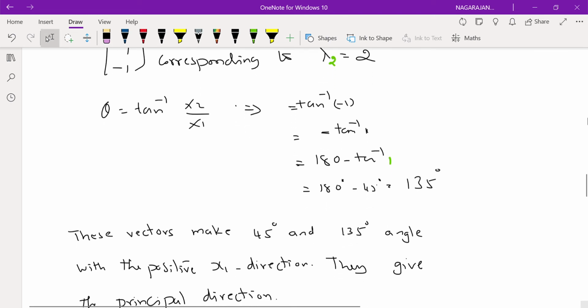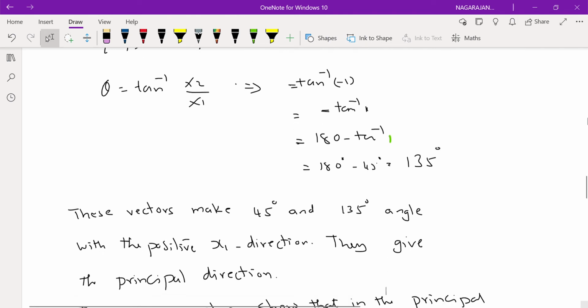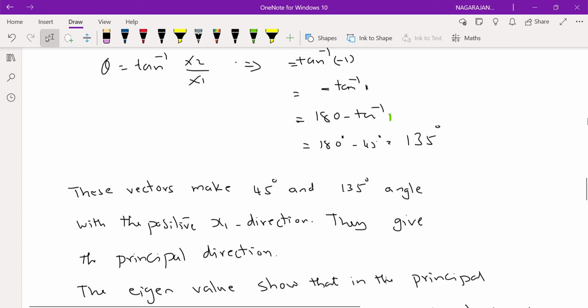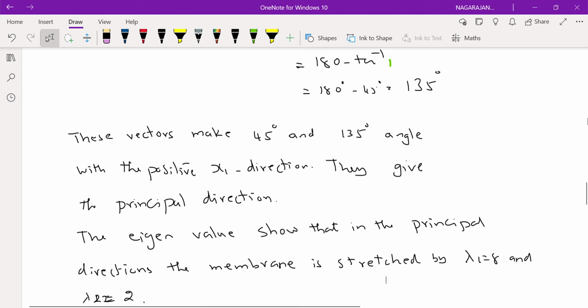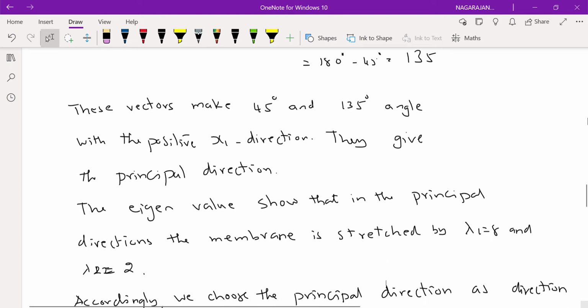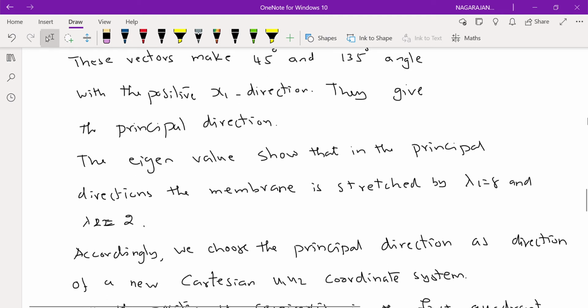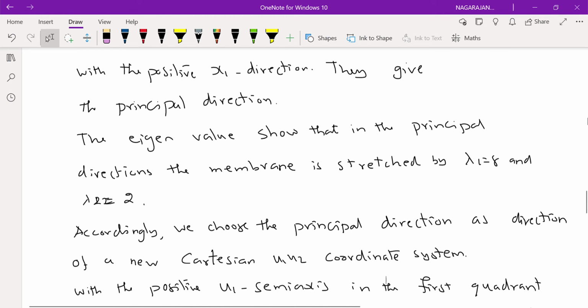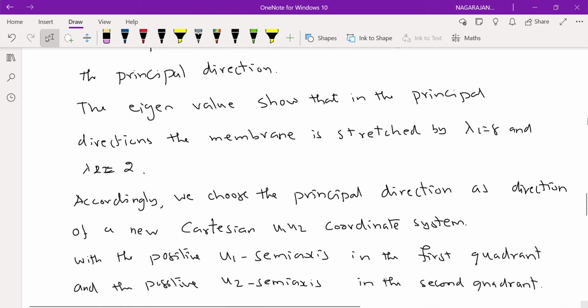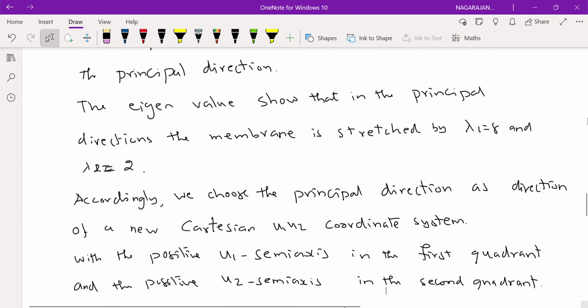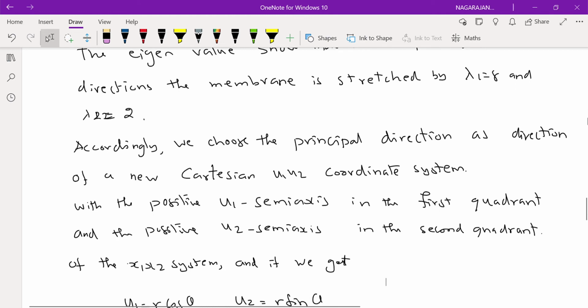So these vectors make 45 degrees and 135 degrees angles with the positive x1 direction. They give the principal directions. The eigenvalues show that in the principal directions the membrane is stretched by lambda 1 equal to 8 and lambda 2 equal to 2. Accordingly, we choose the principal directions as the directions of a new Cartesian u1 u2 coordinate system with the positive u1 semi-axis in the first quadrant and the positive u2 semi-axis in the second quadrant of the x1 x2 system.